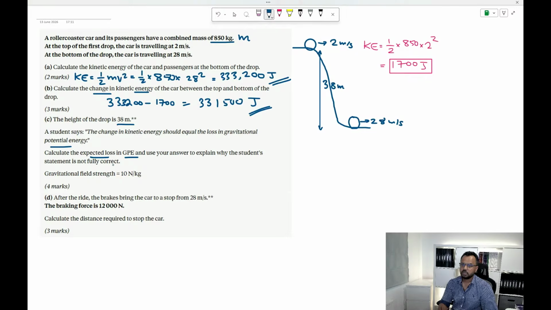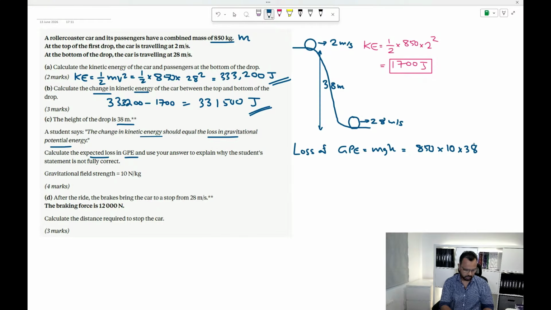Now, guys, the student says the change in kinetic energy should be equal to the loss in gravitational potential energy. Right. So the student thinks that, so let's calculate the loss of GPE. The loss of GPE is mgh. We know the mass is 850. g is 10. Height is 38.